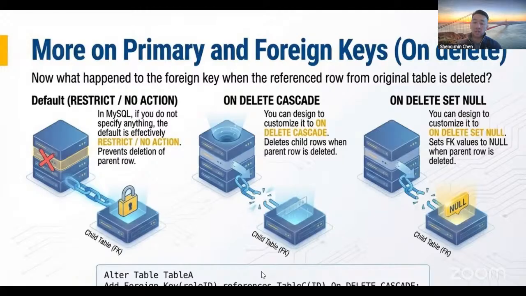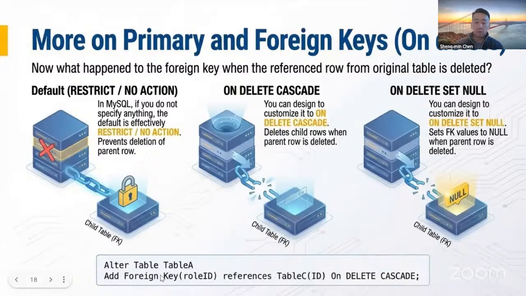One is called cascade. If you look at the bottom here, the way you write it is that you alter the table, and if the foreign key doesn't exist, you add the foreign key, referencing the table's primary key, on delete. This is what you have to put: on delete. It says, tell me what you want to do when the primary key gets deleted.